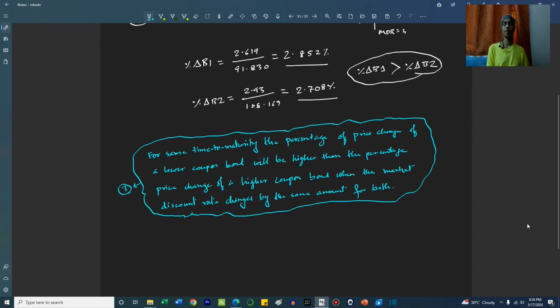Now, we will look at the fourth postulate. This one, by the way, is called the coupon effect. Let's say there is a bond B1 whose maturity is 3 years, and there is a bond B2 whose maturity is 5 years.